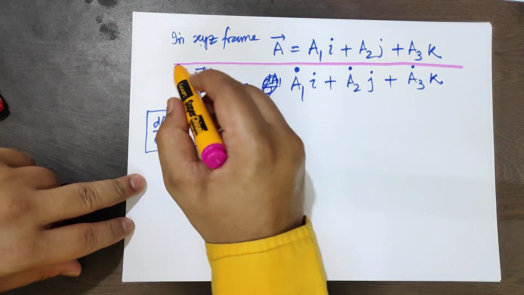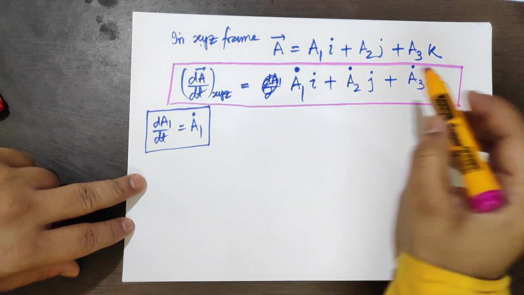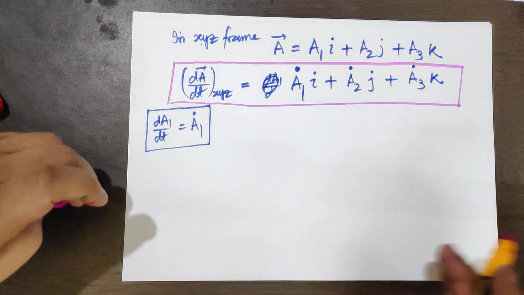So that's the derivative of the vector A in the small xyz frame.